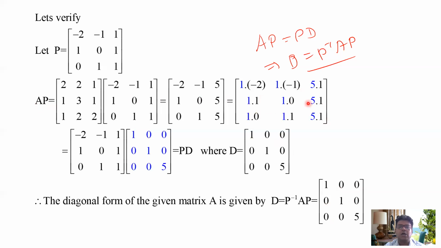The first column 1 means the first eigenvalue, the second column 1 is the second eigenvalue, and the third column 5 is the third eigenvalue, that is 5. Okay, thank you. Try to solve similar types of problems.